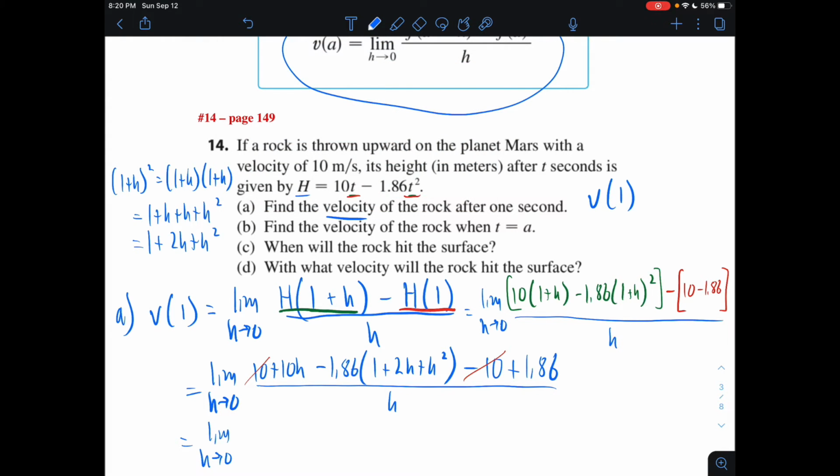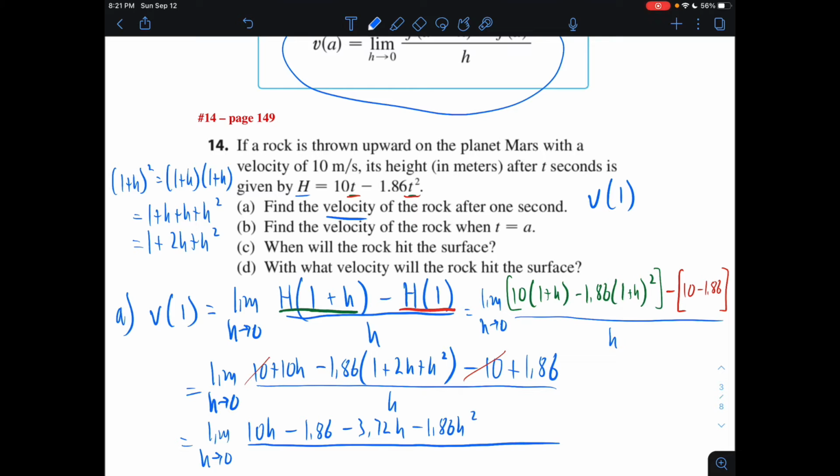If I do one last bit of multiplication, I'll have 10h minus, now I have to distribute 1.86 to all of those terms. So minus 1.86 times 1, and then minus, if I multiply 1.86 times 2, that gives me 3.72, so minus 3.72h minus 1.86h squared.